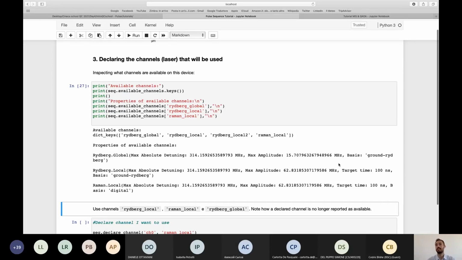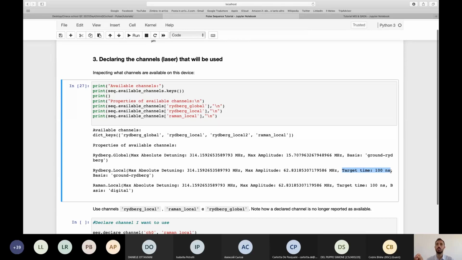The basis, of course, is ground-Rydberg, so G and R. And local ones also have a target, because you have to target them into a specific atom. And they have also this nice thing, the target time. So they need 100 nanoseconds to find the atom.